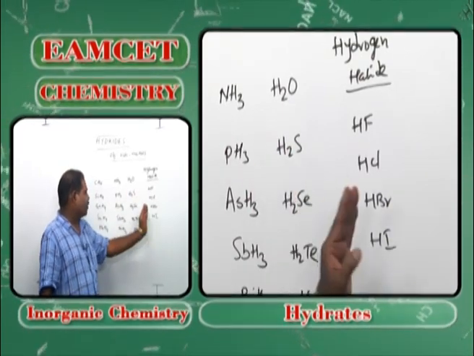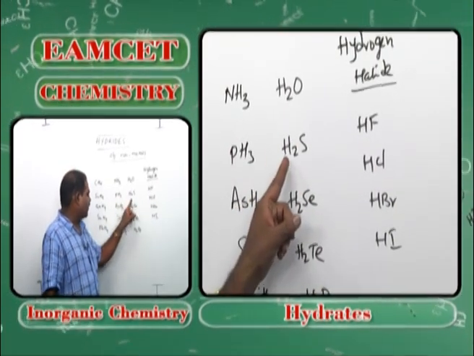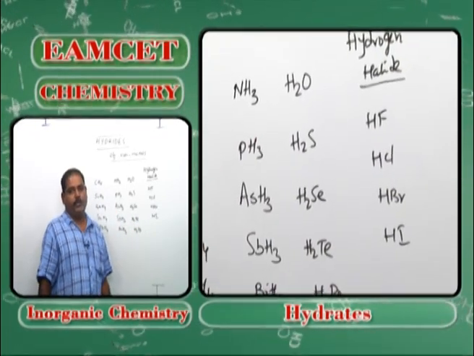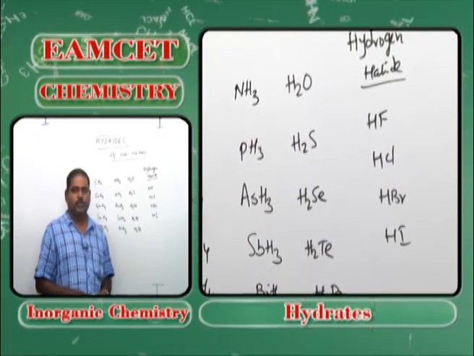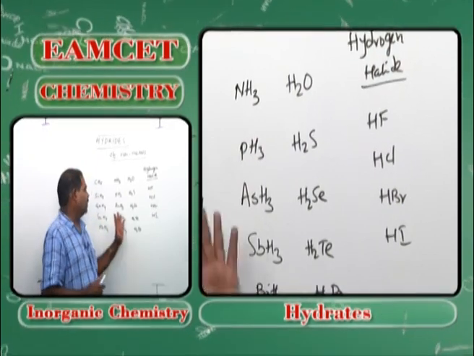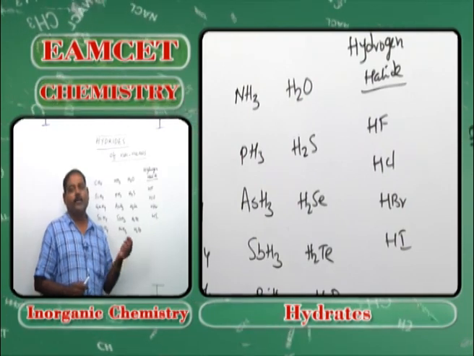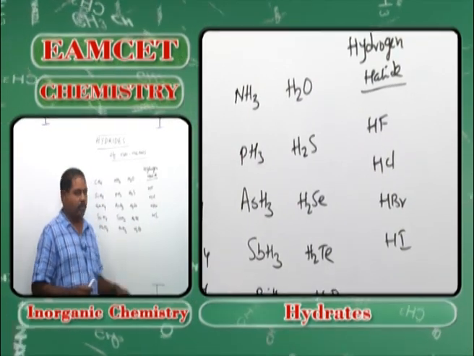Hydrogen fluoride, hydrogen chloride, hydrogen iodide. So, strictly speaking, they are not hydrides. And this is hydrogen sulfide, hydrogen selenide, hydrogen telluride, hydrogen polonide. So, what are the questions that are possible? First, let us discuss a few concepts and then we can go to questions later on, not now.